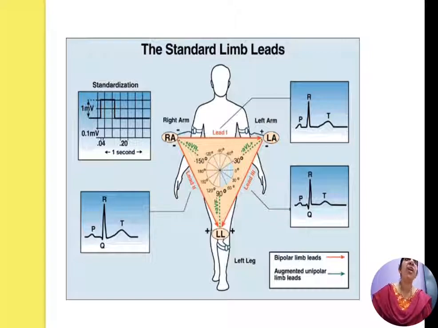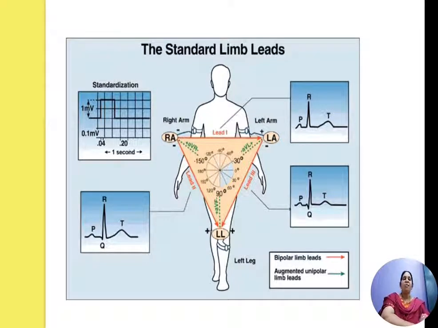In lead 2, another waveform is represented, with the voltage measured between the right arm and left leg. In lead 3, the voltage is measured between the left arm and left leg. This is the bipolar limb lead configuration.